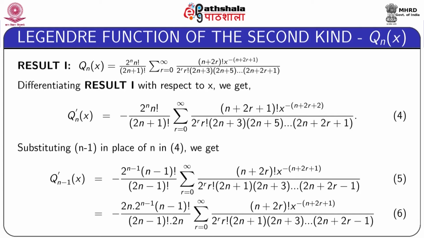We replace n by n minus 1 in 4, and if you do that, you will get equation number 6 after simplification, which is Q'n-1 is equal to minus 2n, 2 to the power (n-1) factorial divided by (2n-1) factorial into 2n, summation r equal to 0 to infinity, (n+2r) factorial x to the power minus (n+2r+1) divided by 2 to the power r factorial (2n+1)(2n+3)...(2n+2r-1).